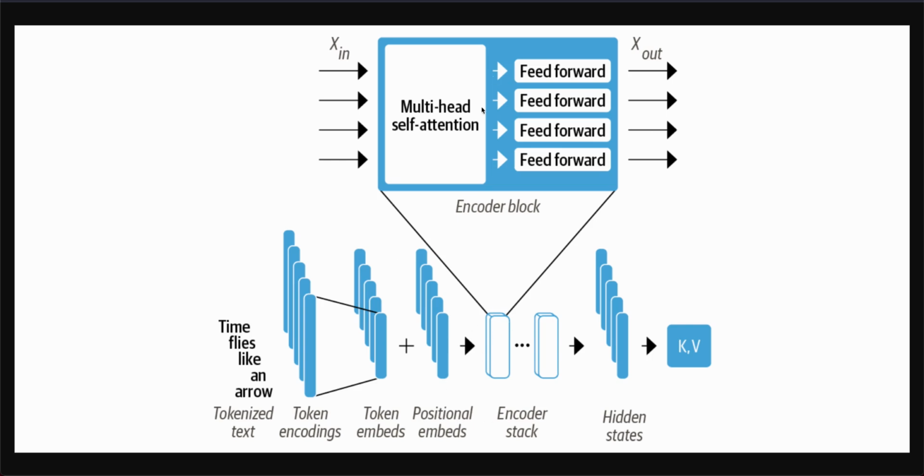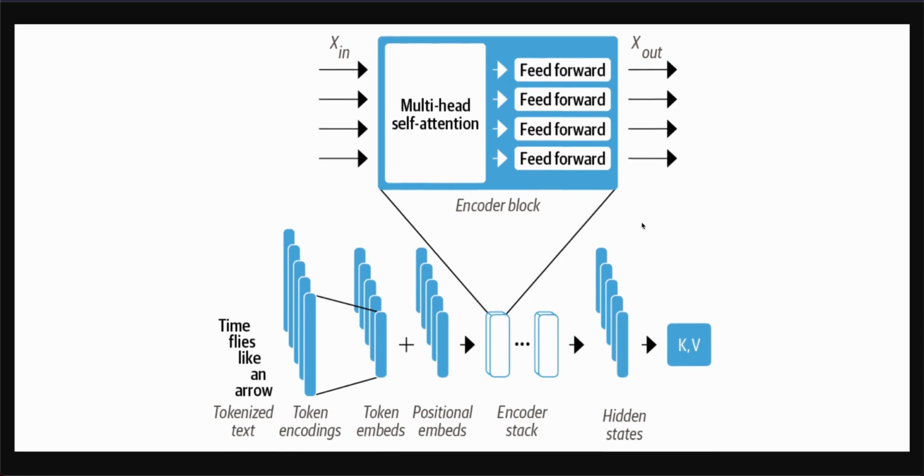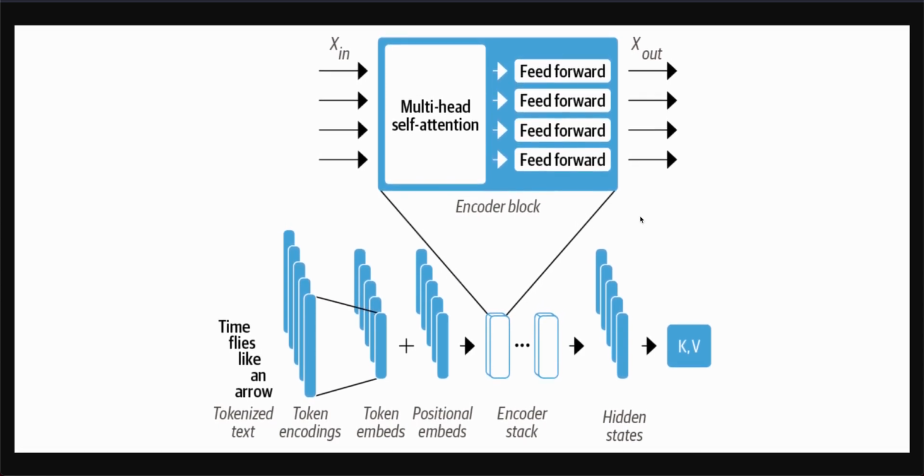This essentially captures the meaning of the sentence and the different relationships between the words in the sentence. That is the best representation of our sentence, which is what we get as an output in the hidden states here.